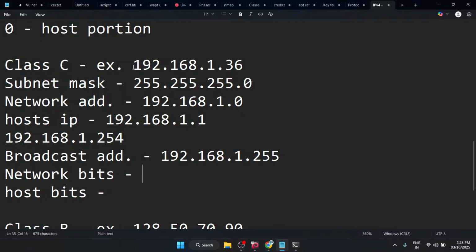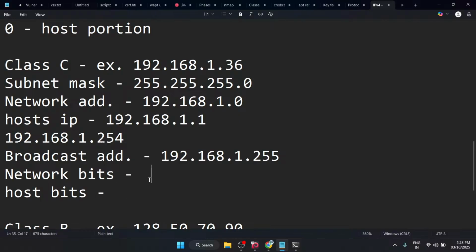These 3 octets represent the network portion. So how many bits? Each octet is 8 bits, so the total is 8 into 3, that is 24 bits. Three portions are representing the network portion, and the one last portion is representing your host portion.